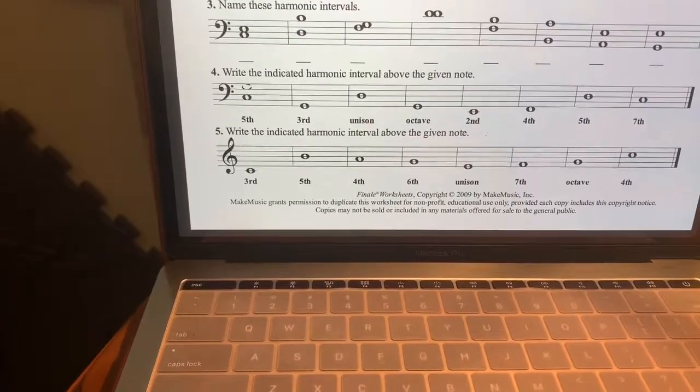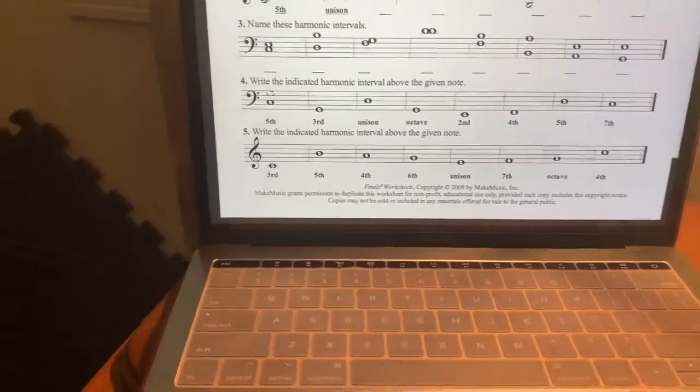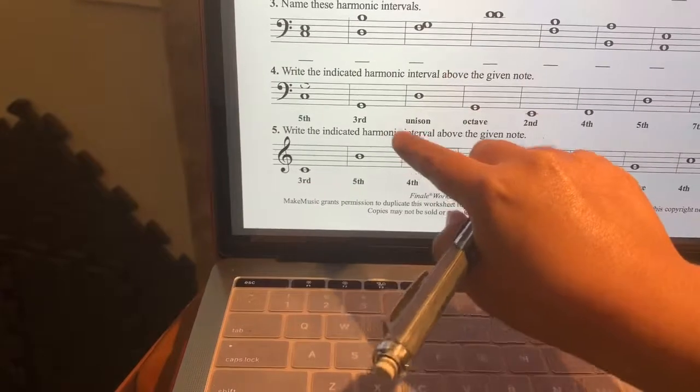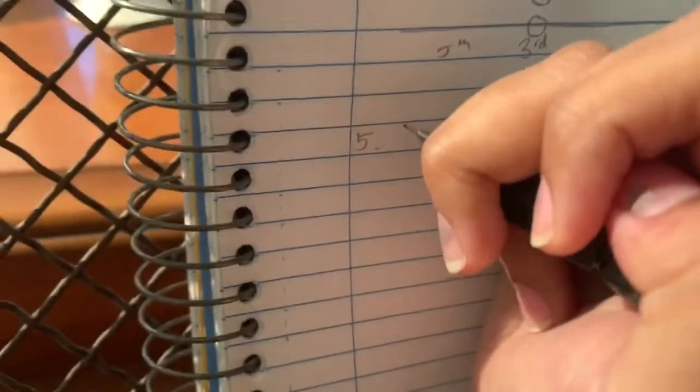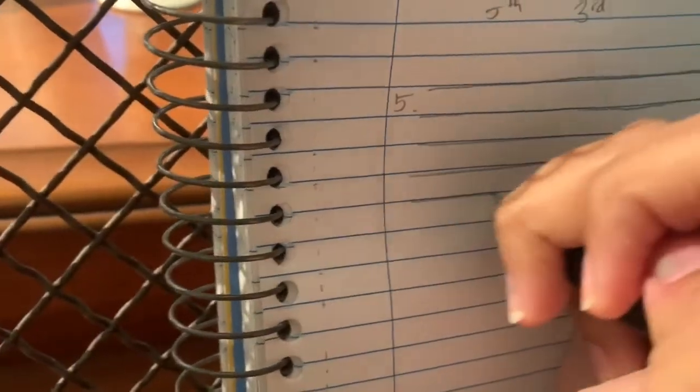So same thing that we just did again. I don't know why they just put the same question. Oh, maybe because it's treble clef. Okay, so number 5. Right here, I'm going to set up my paper. Line, line, line, 4, and 5. And now it has my third below the line.